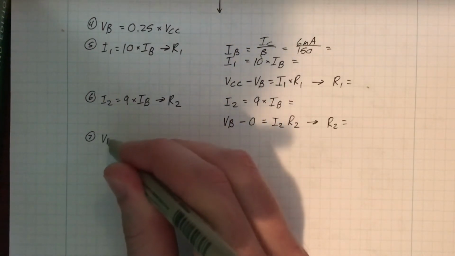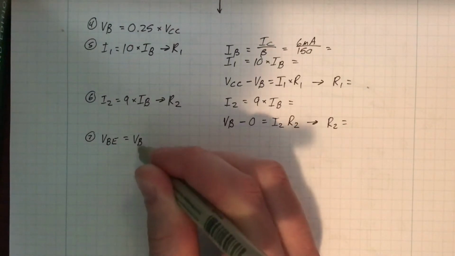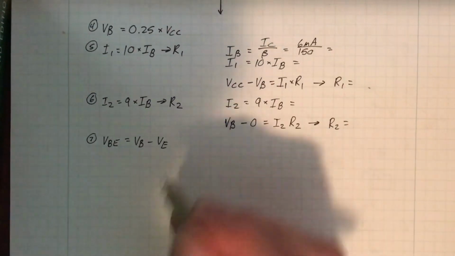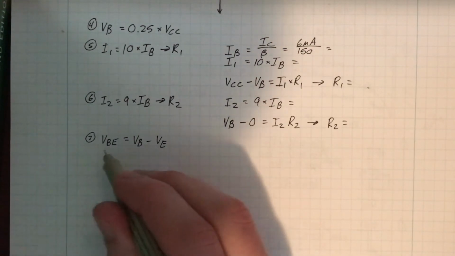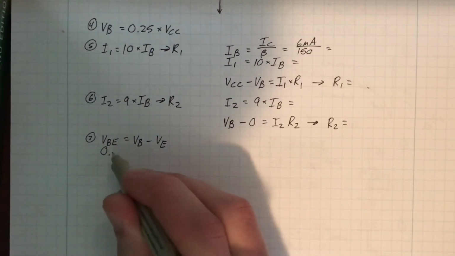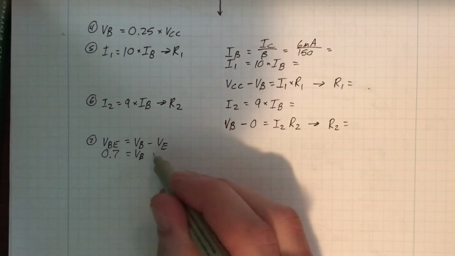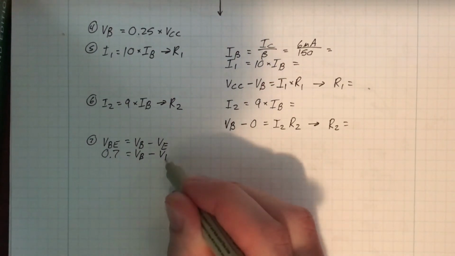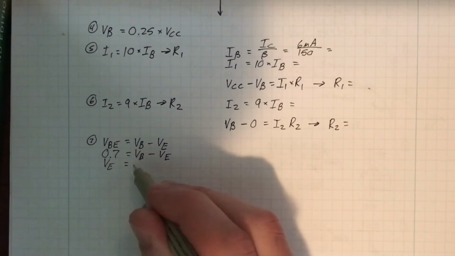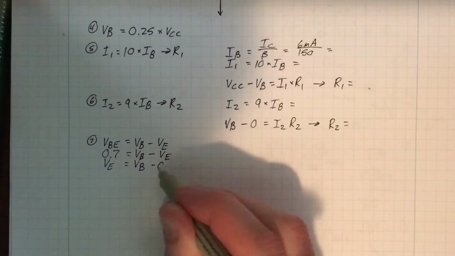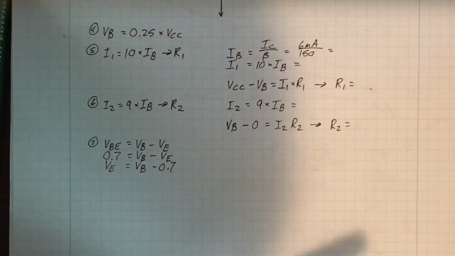Remember that VBE is equal to VB minus VE, and VBE is given as 0.7. Base voltage we figured out in part 4. We can solve for the emitter voltage, so just 0.7 volts below the base voltage.